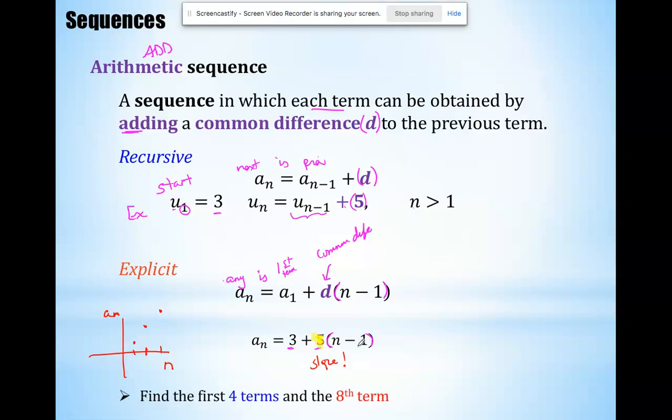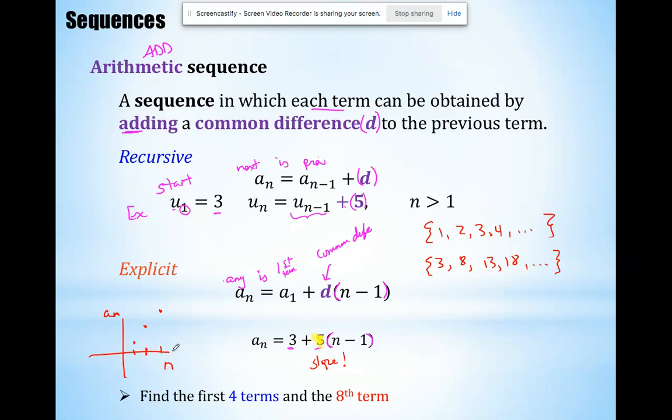So let's find the first 4 terms. Well, we did that in the previous slide, didn't we? Our domain started at 1, 2, 3, 4. And since we started at 3 and then we had to add 5, 3 plus 5 is 8. 8 plus 5, 13. 13 plus 5, 18. Dot, dot, dot.